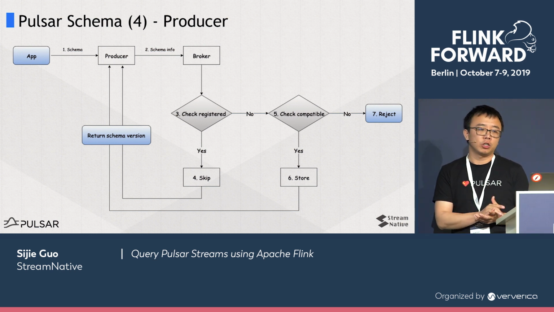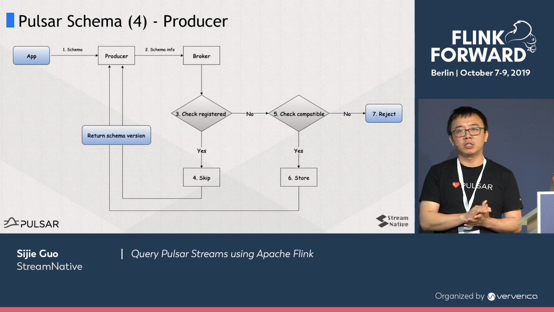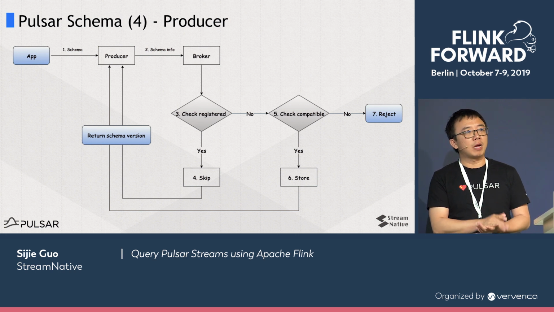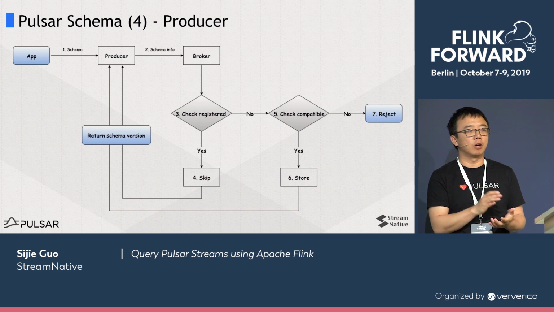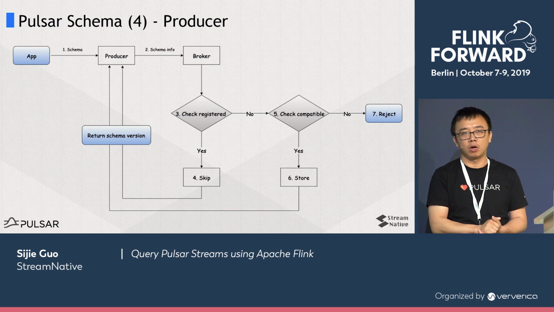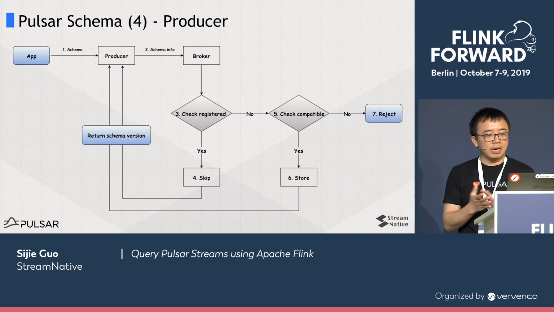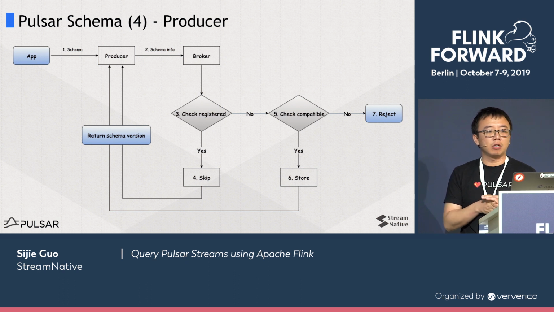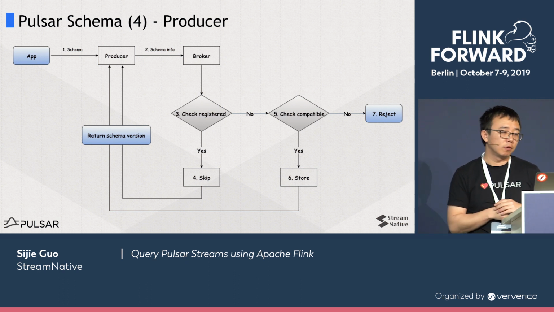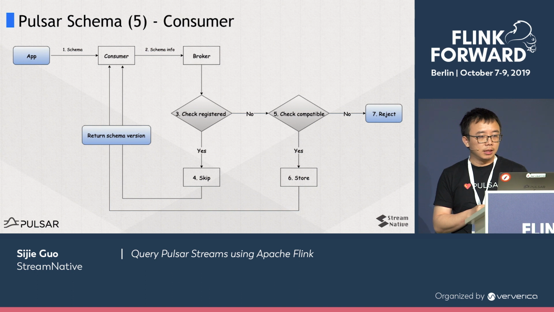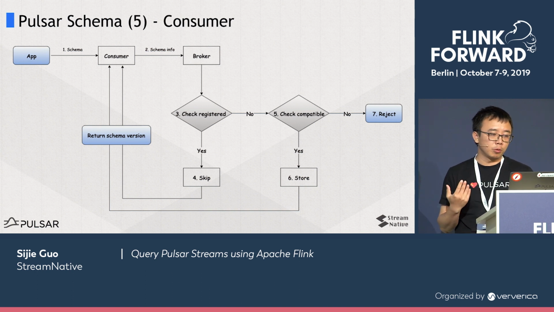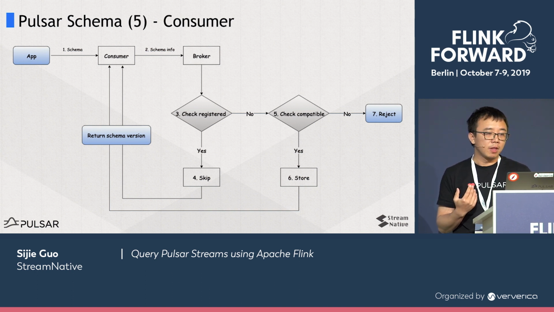If it's not registered yet, it does the compatibility check, and if it passes the check, it registers the schema. If the schema was already registered before, it just returns the version. So all the complexity and logic are handled by the broker itself, and schema consumers work in a similar way.